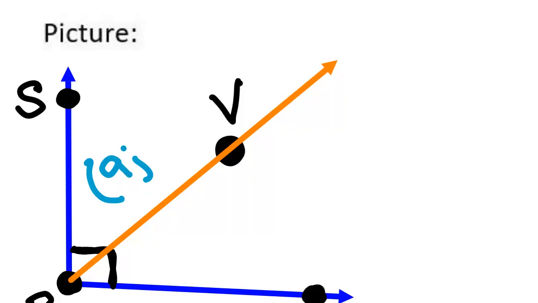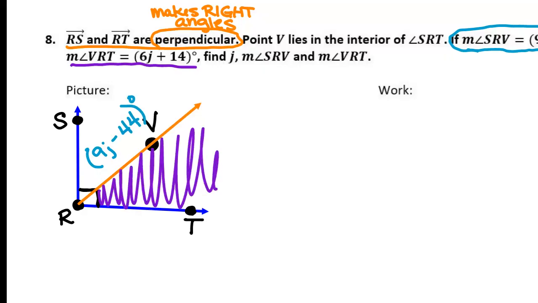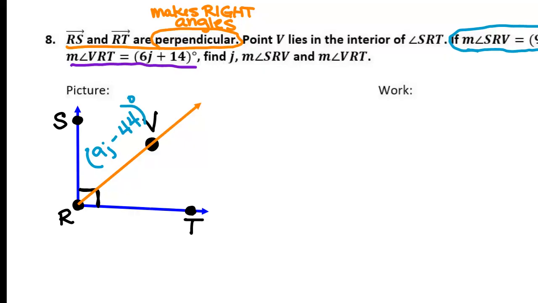So 9J minus 44. That was a fantastic question, by the way. And then angle VRT is 6J minus 14. VRT is this angle down here. So down here, we're going to put 6J minus 14.